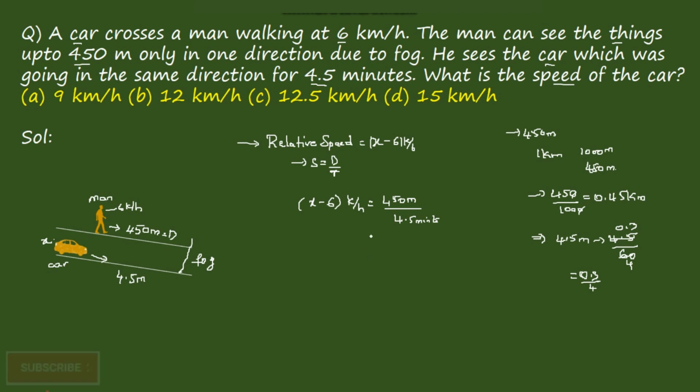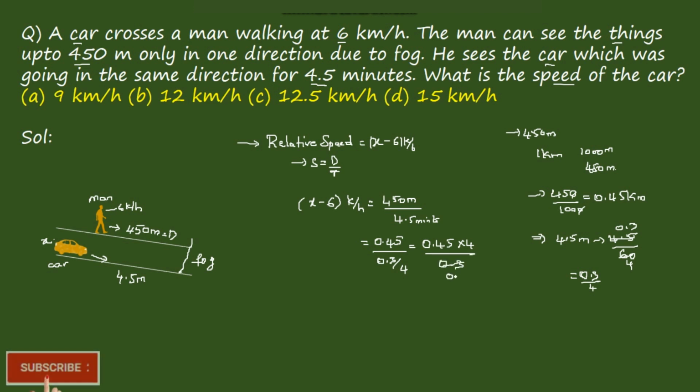Just substitute the values here. Then we get 0.45 by 0.3 by 4, which is equal to 0.45 into 4 by 0.3.